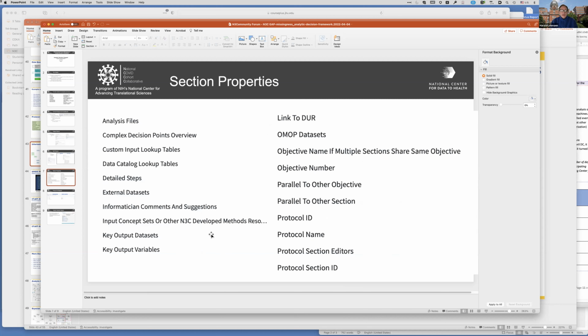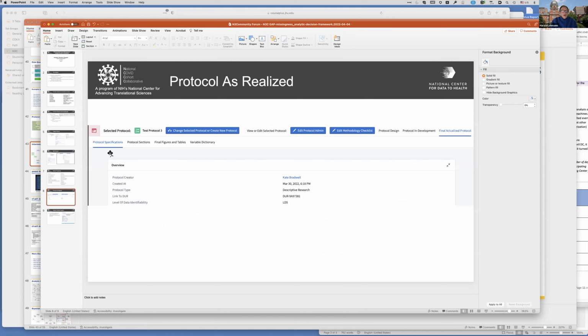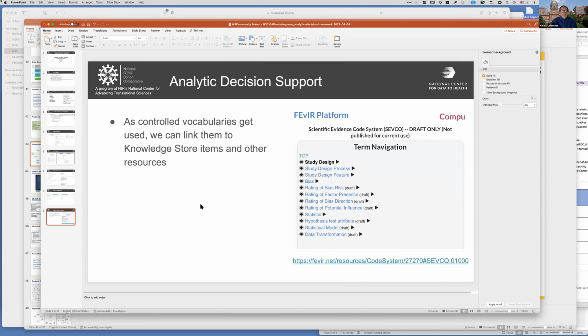These are all things that we want to be able to connect between the protocol as it's being worked out and all the resources that you're hearing about, whether it be the templates or the best practices and so forth. And then as realized, you link to the final figures and tables, the variable dictionary.